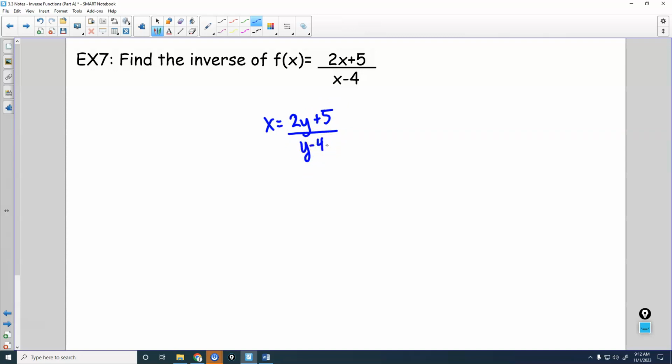You need to solve for the y, but you can't do that when it's in the denominator. So you are going to multiply this side by y minus 4, as long as you also multiply this side by y minus 4. And that will give you x times y minus 4 equals 2y plus 5.